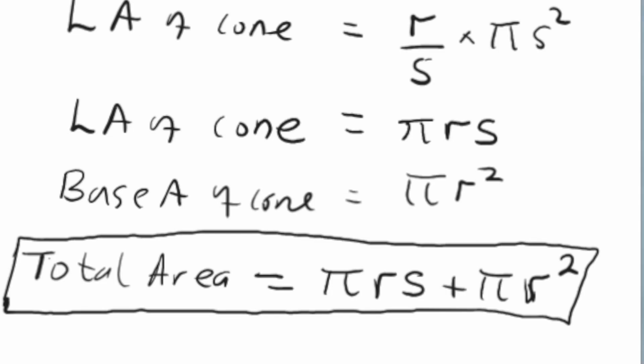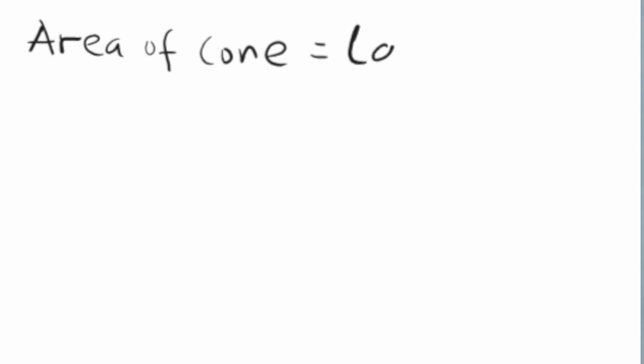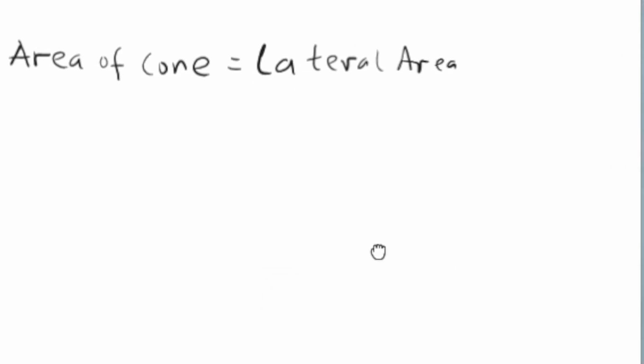So all that we're saying is the area of a cone is equal to lateral area plus base area.